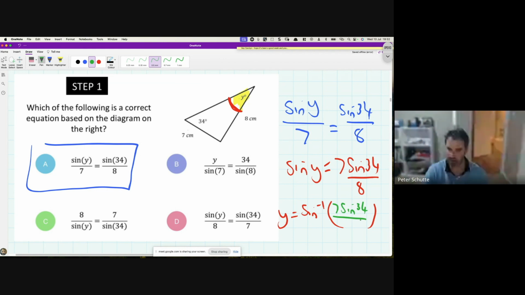And Amelia and Rolani and me all get 29.29 degrees if we round off. So that is going to be the angle up here.